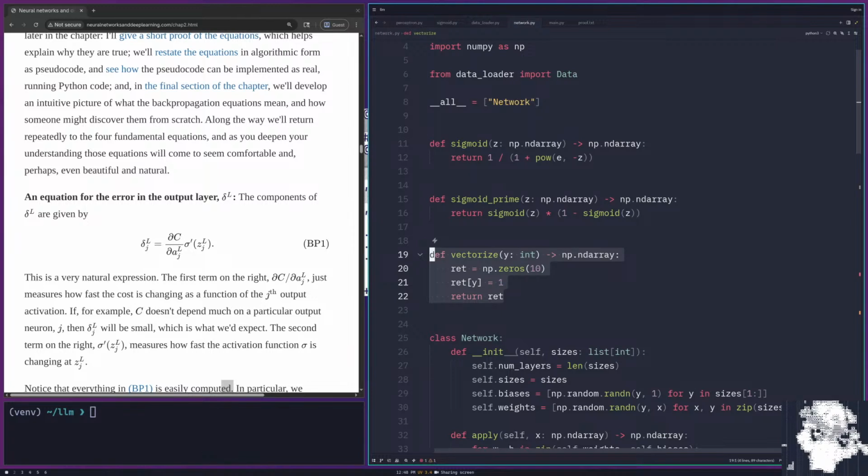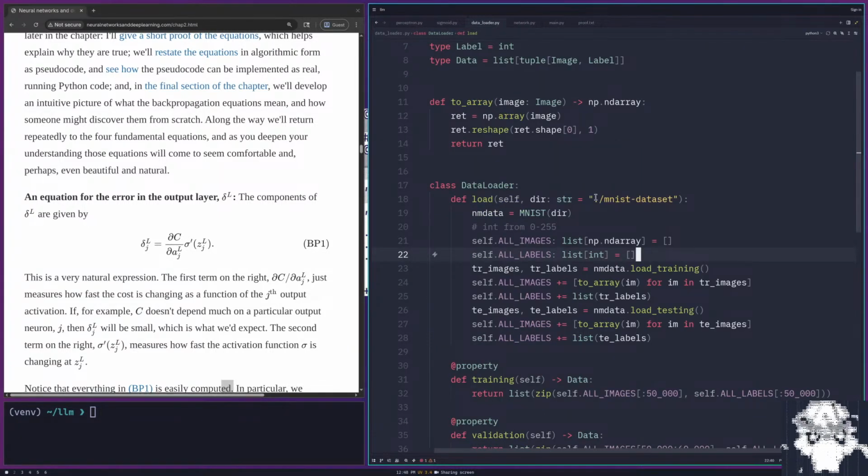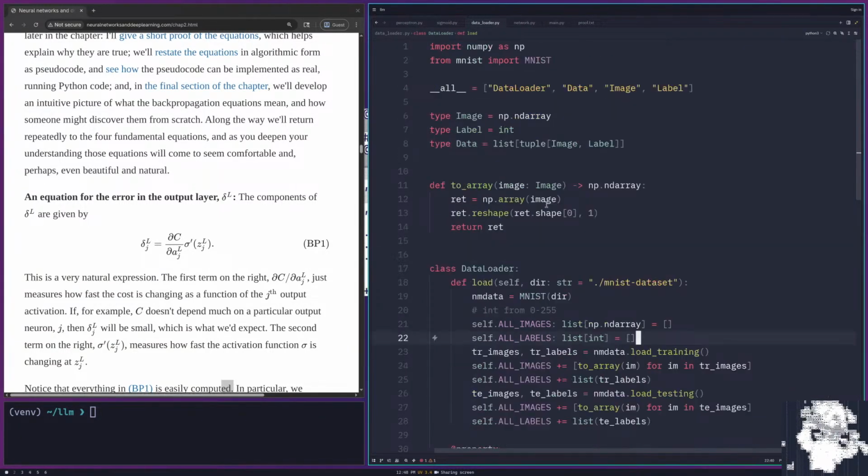really part of the neural network. This is just part of the thing that we're training. So I guess I will change my mind here and return label will be an array as well.